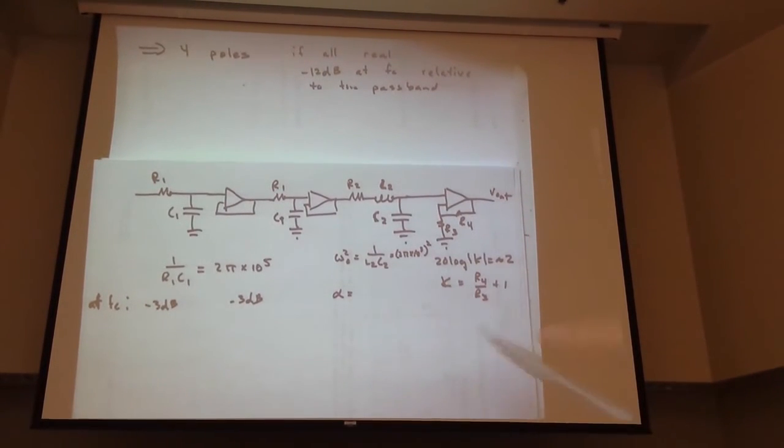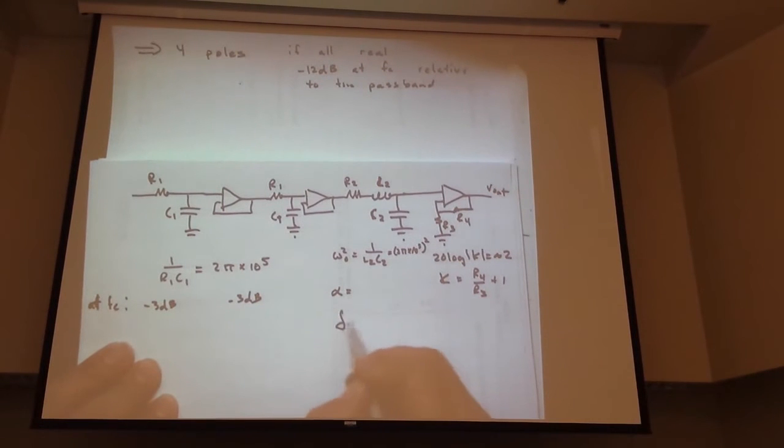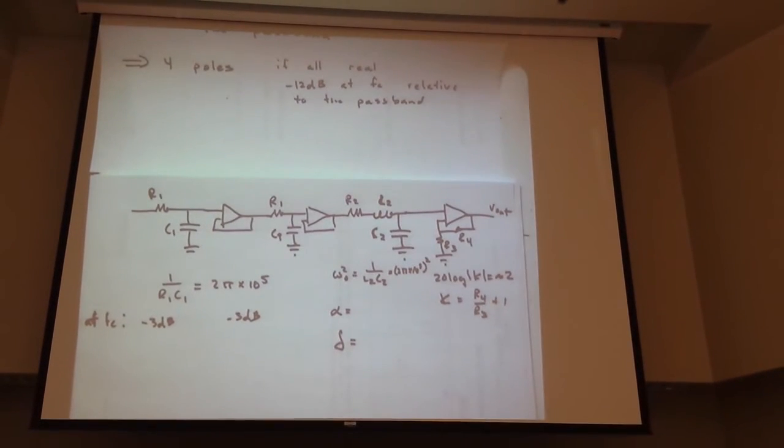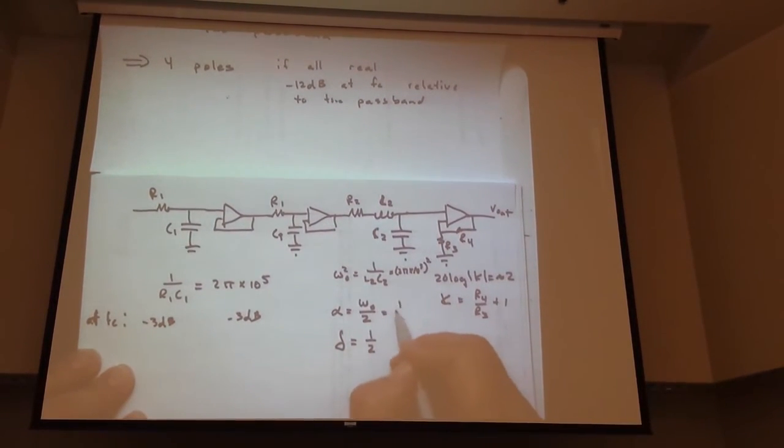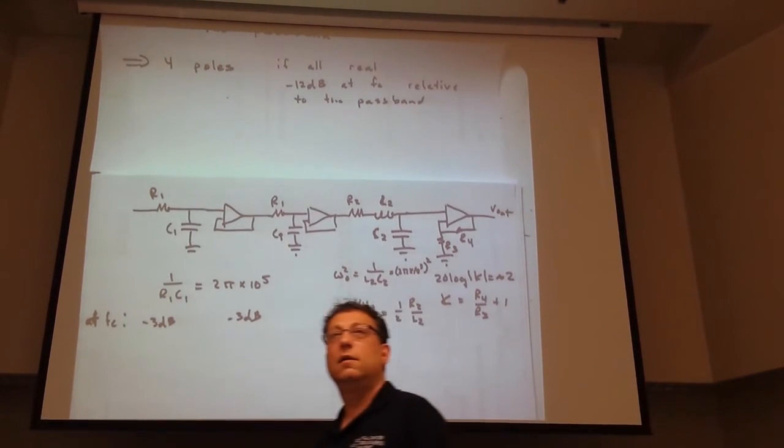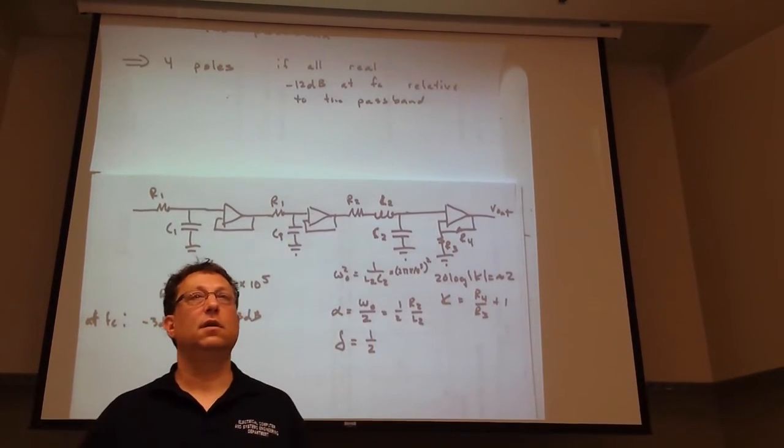Well, we said, what does our damping ratio have to be? We said that earlier. Damping ratio has to be 1/2, which means alpha equals omega naught over 2. And that winds up being 1 over 2, R2 over L2. I didn't plug in numbers there because I don't feel like doing the 2 pi in my head. I messed that up, certainly.